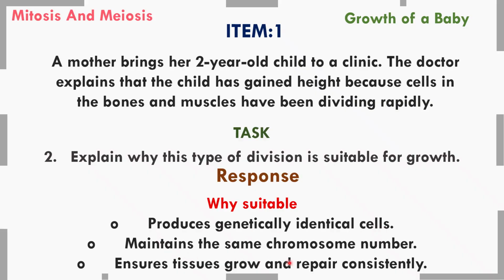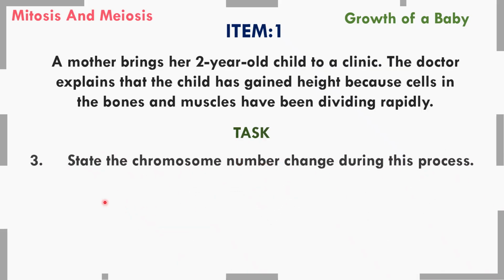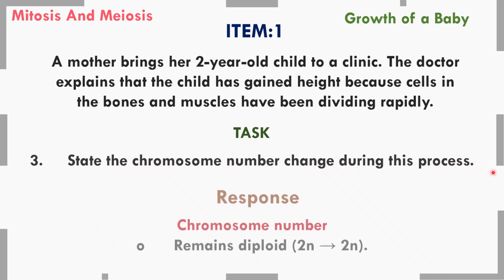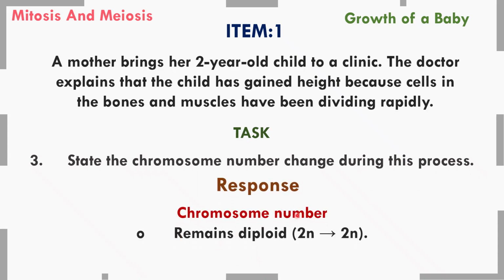It maintains the same chromosome number, ensures tissue growth and repair consistently. State the chromosome number change during this process. The chromosome number remains diploid, 2n to 2n.